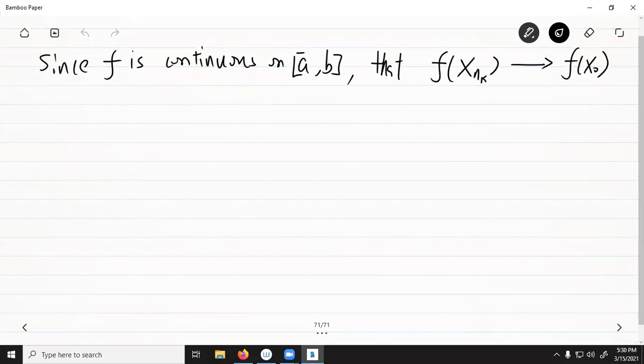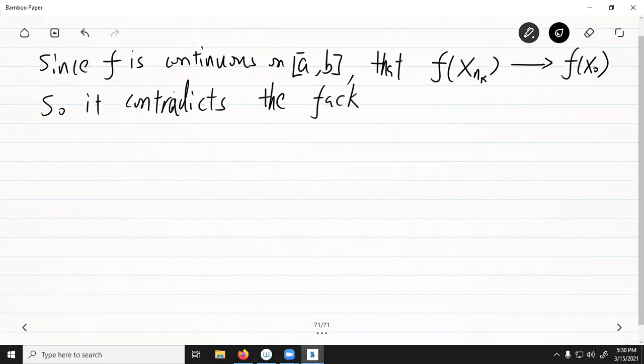So it contradicts the fact that f of x sub n sub k is greater than this n sub k, right?